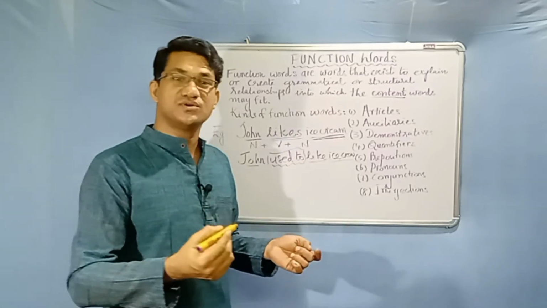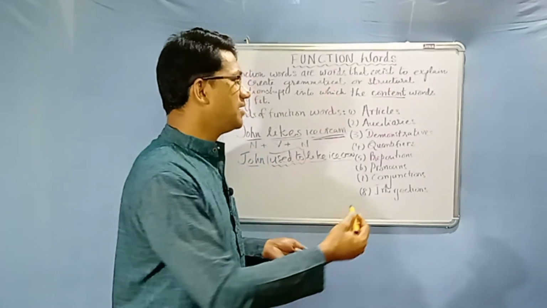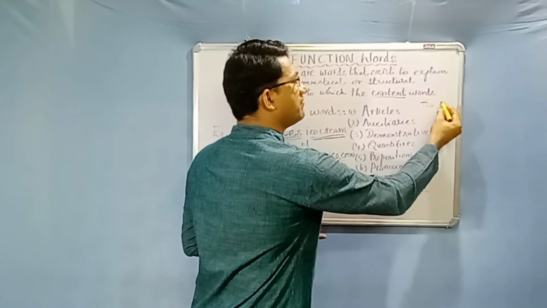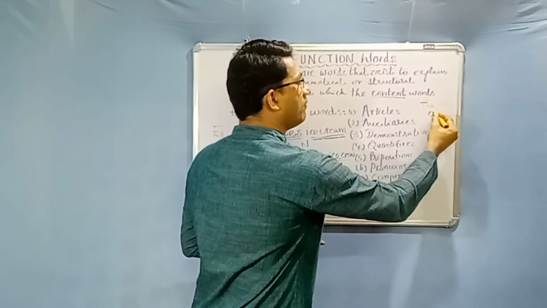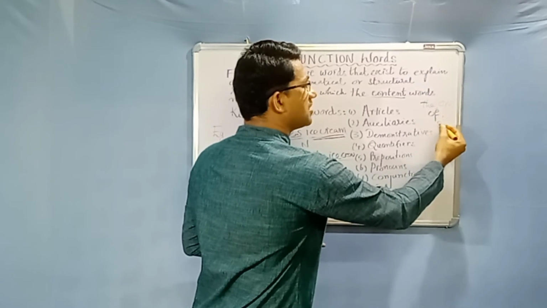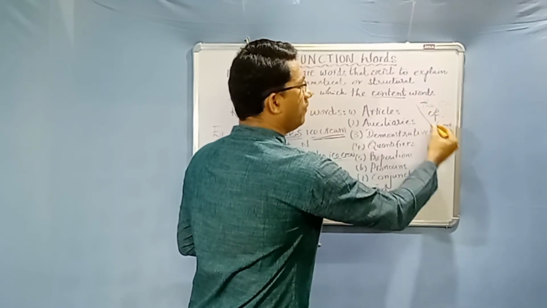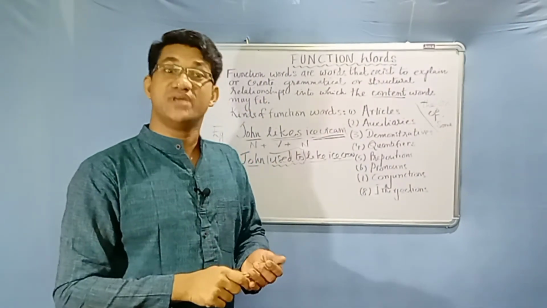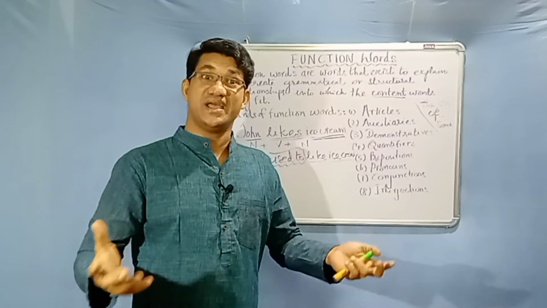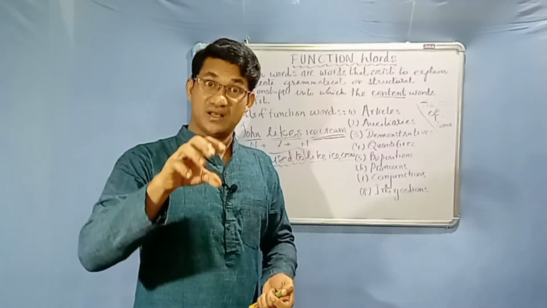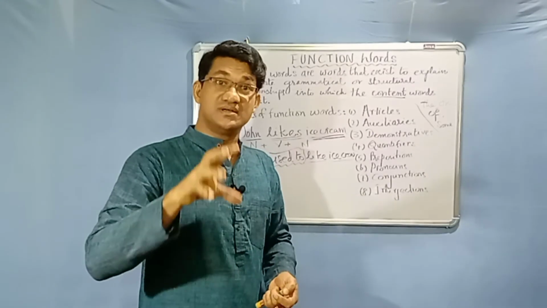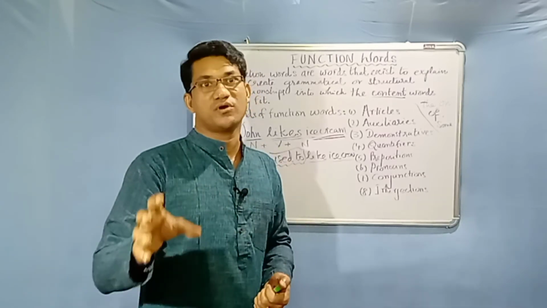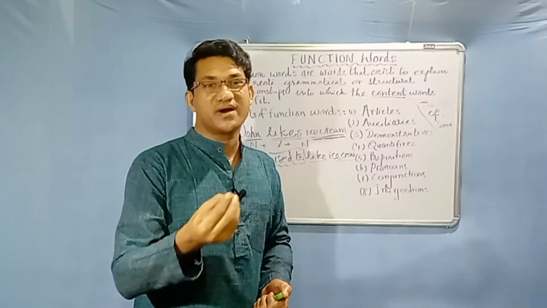Similarly, we have other function words like the, on, off, some, and all these small little words have no specific meaning, but they help us to create grammatical relationships or structures, different sentences, in which we have content words.